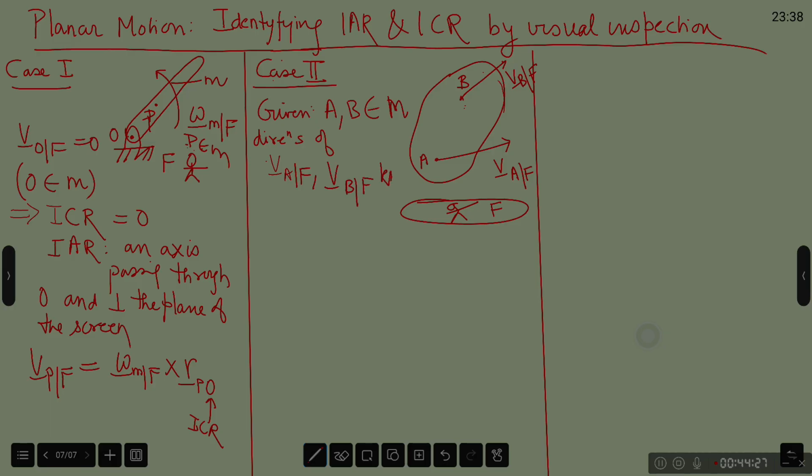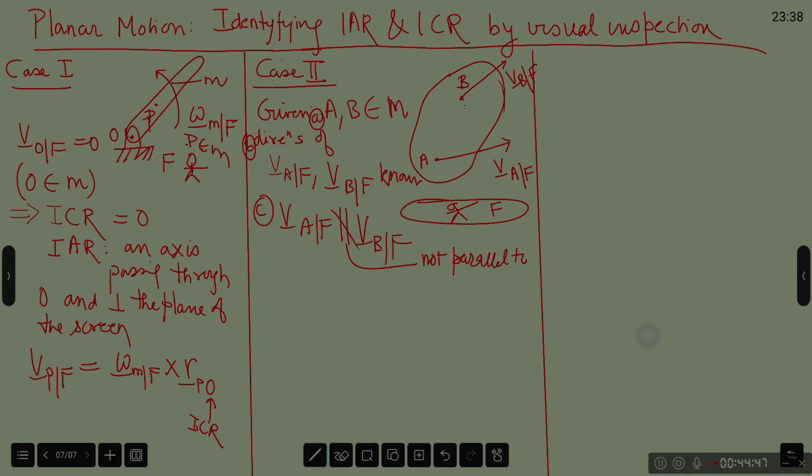Also, VAF is not parallel to VBF. This is also given. The symbol I am using shows not parallel to.